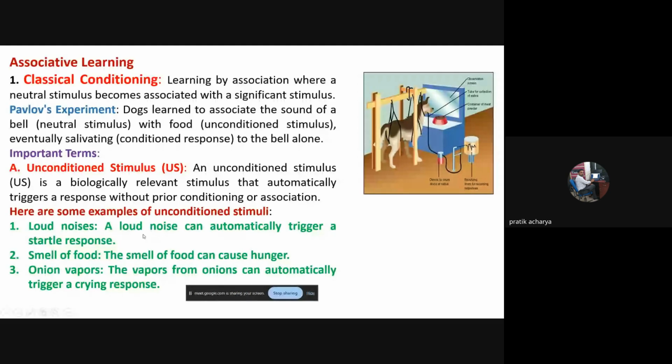Loud noise. A loud noise can automatically trigger a startle response.